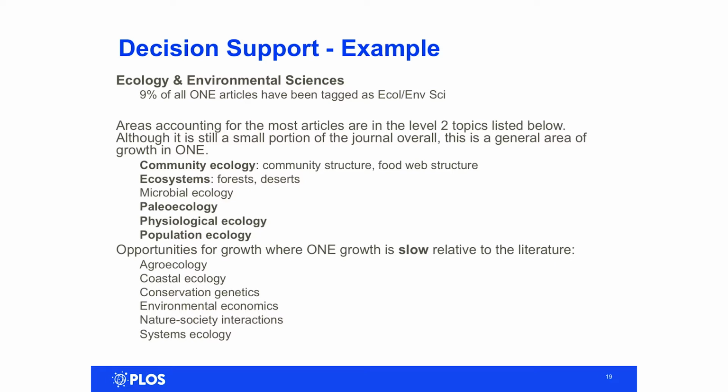Even though only 9% of the PLOS ONE articles have been tagged with anything within that place, there are areas where there's a huge amount of growth, and in an opportunistic way, the Ecological Society of America met in San Francisco last year, and we went and we pushed, and people are submitting. So these kinds of things get legs, and it's great.